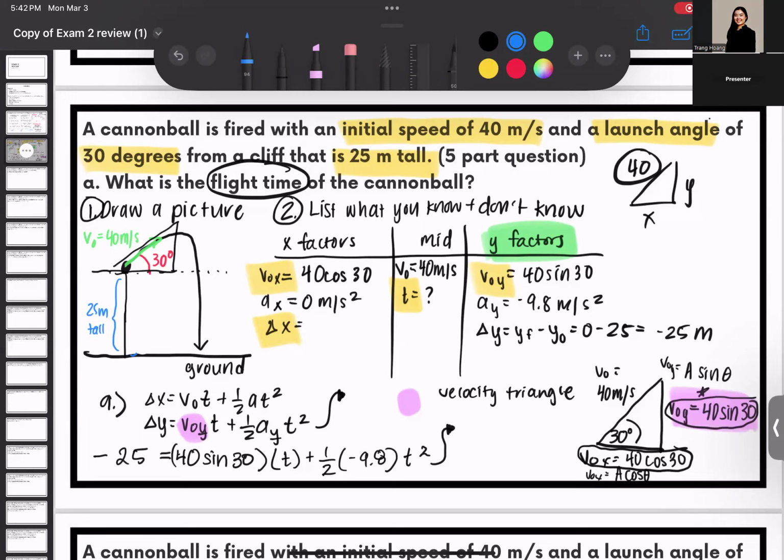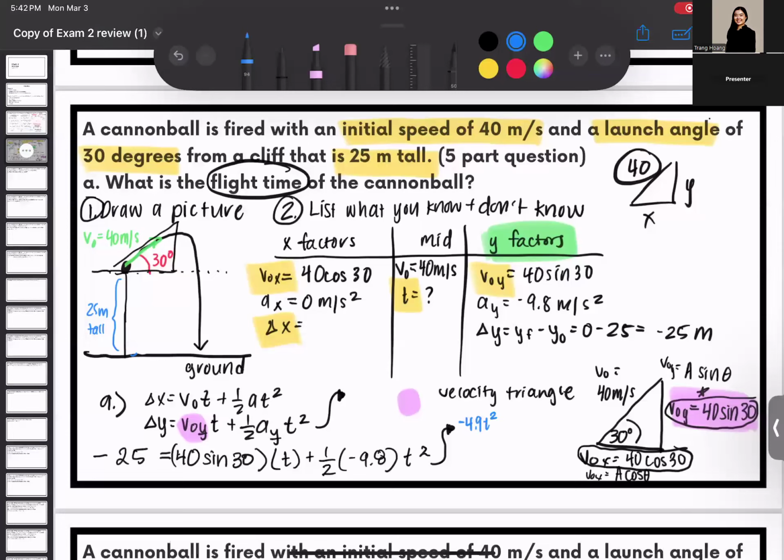I'm not going to plug it in for y'all, but I am going to set it up so you can see negative 4.9 t squared plus 40 sine 30, which is all one value, by the way, t plus 25 is equal to 0.